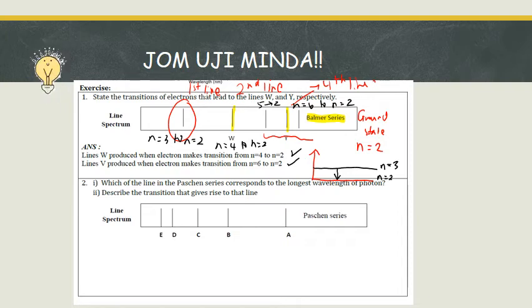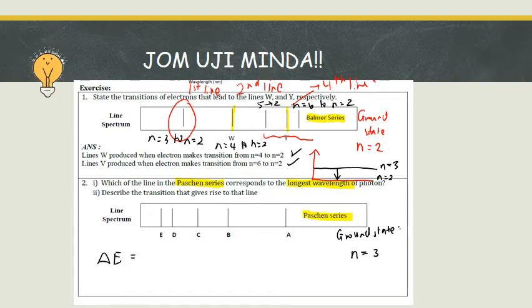Next, let's look at the second question. Which line in the Paschen series corresponds to the longest wavelength of electron? It gives you the Paschen series and asks for the longest wavelength. For the Paschen series, the ground state is n equals 3. Now it asks for the longest wavelength.